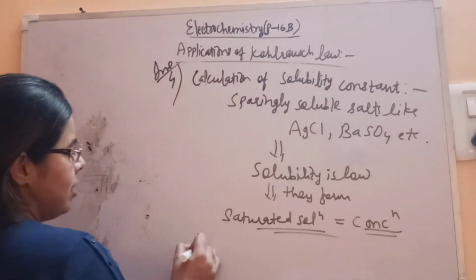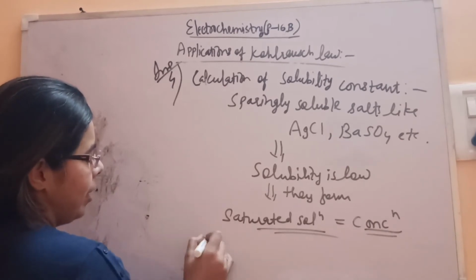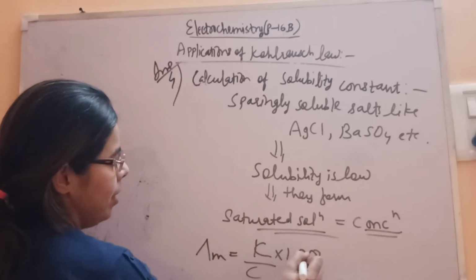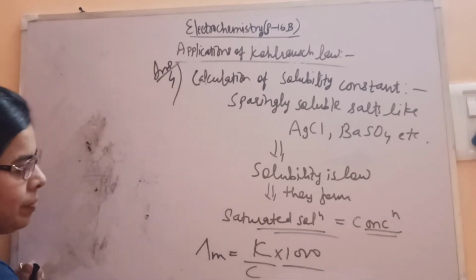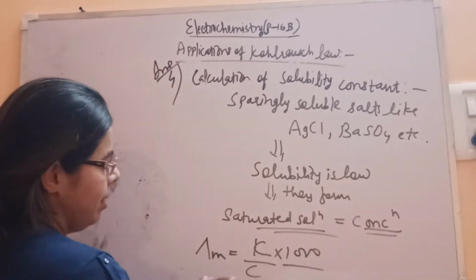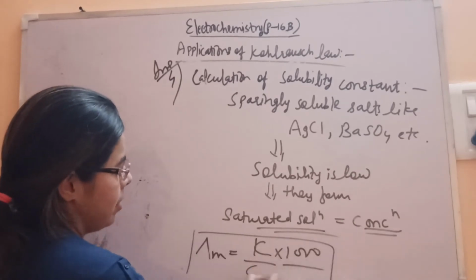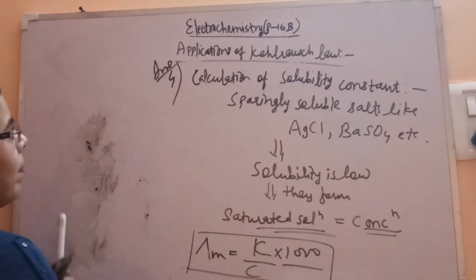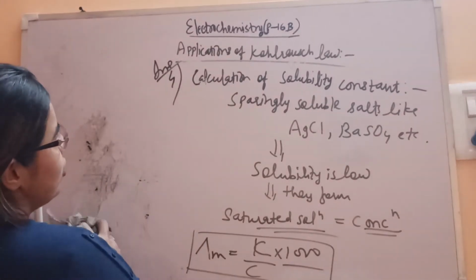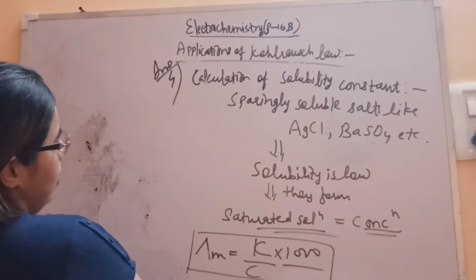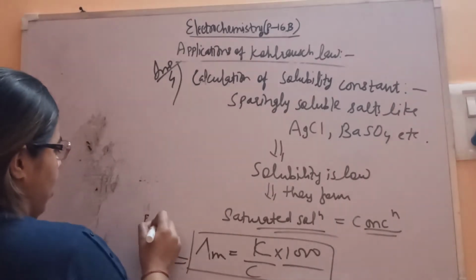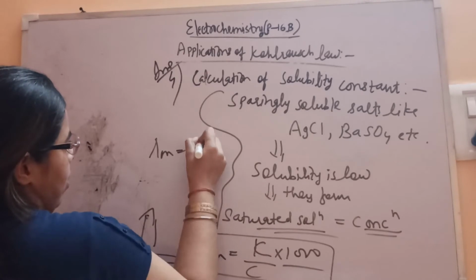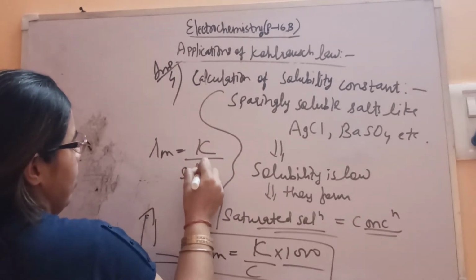So in that case we know that molar conductivity is equal to kappa by C into 1000. Fine. So here we are saying that concentration is equal to solubility. So let's substitute here. Then you will get the expression that this is equal to kappa by solubility.